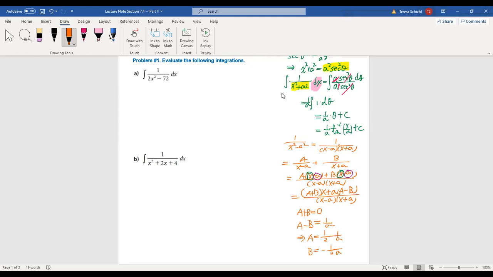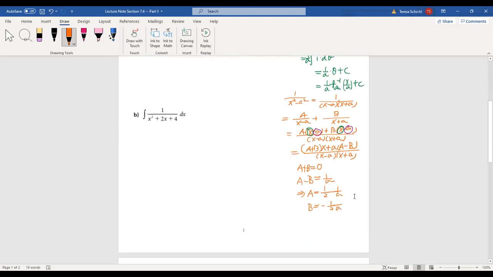So now you can substitute, and now if you do the integration here, I don't have too much space here, so later I can erase here. So now in here is the integral of 1 over x squared minus a squared dx.